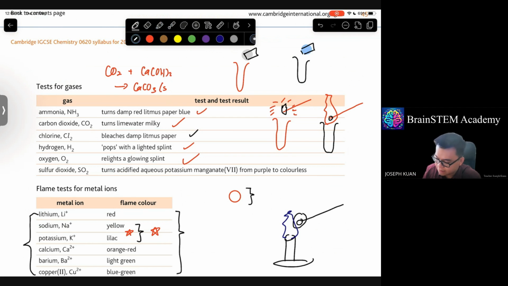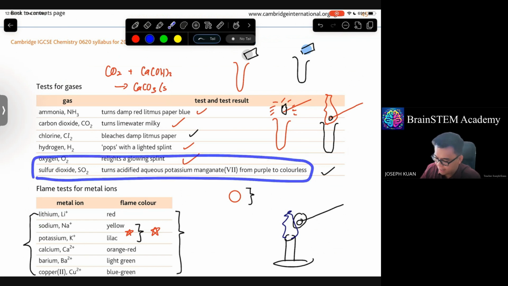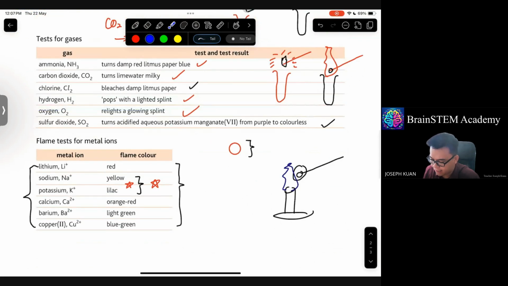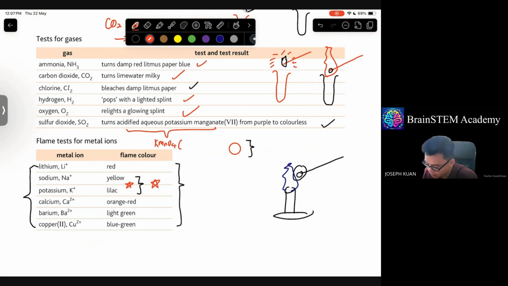Now, lastly, sulfur dioxide. Sulfur dioxide turns the reagent acidified potassium manganate(VII) from purple to colorless. This reagent is an oxidizing agent, and it's acidified to increase its tendency to oxidize others.